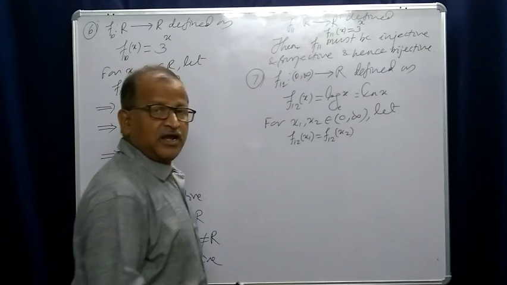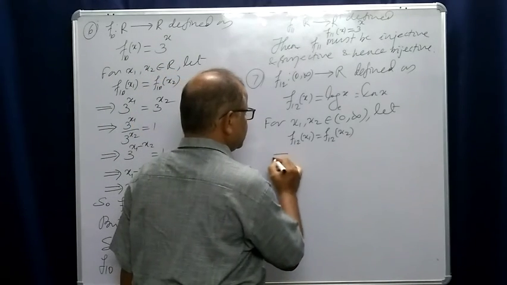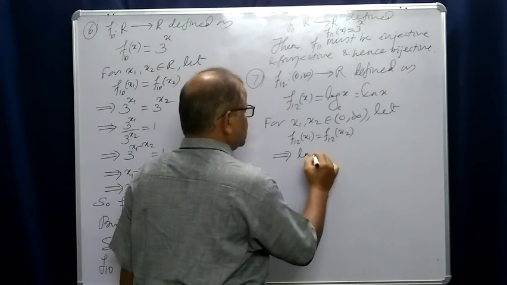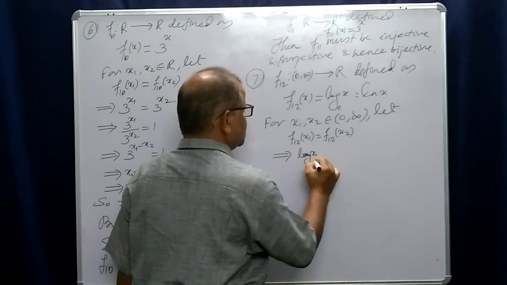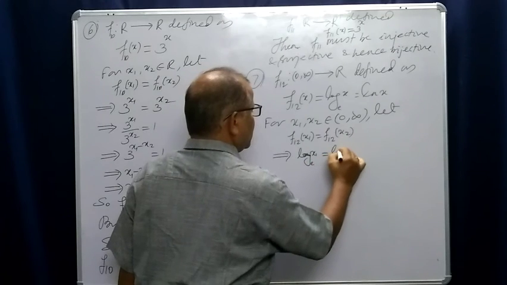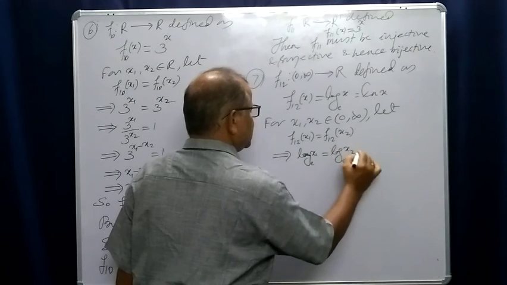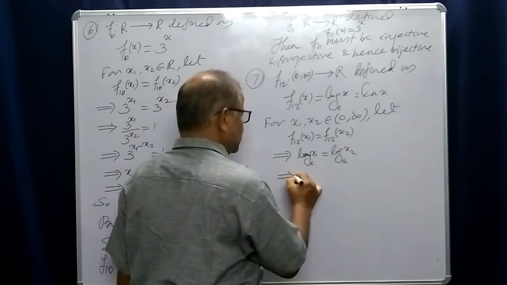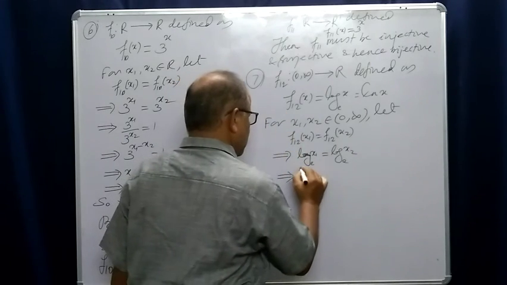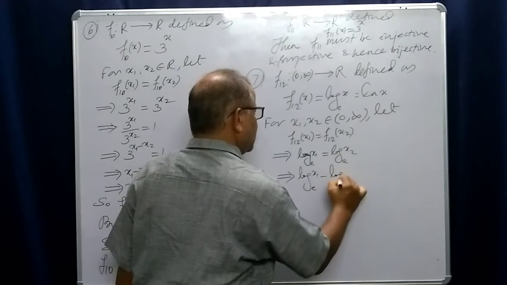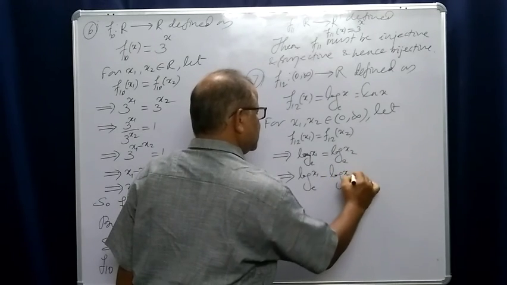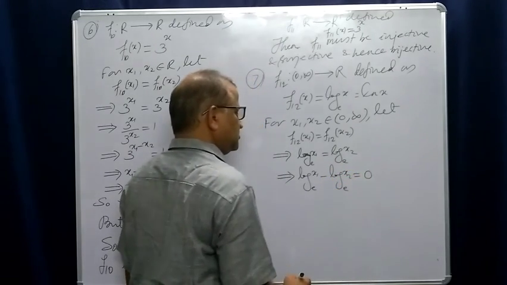This implies log of x1 with base e is equal to log of x2 with base e. This implies log x1 minus log x2 is equal to 0.